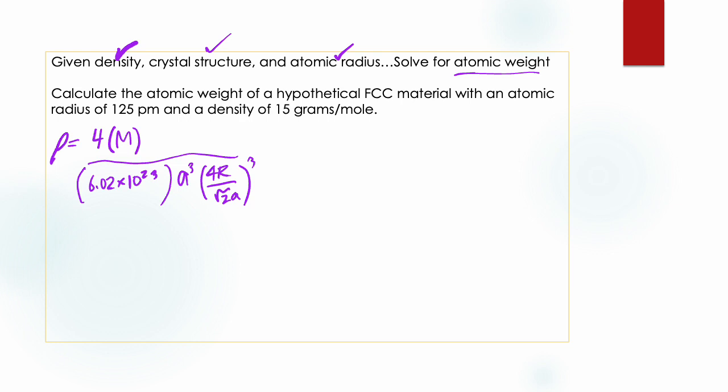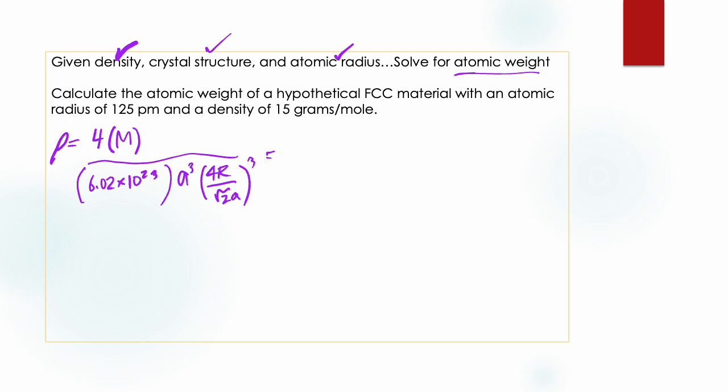So what do I got here? In this case, I'm going to have 4 atomic mass. Oh, I see. That's right. That's what I'm solving for. So let's rearrange this equation.